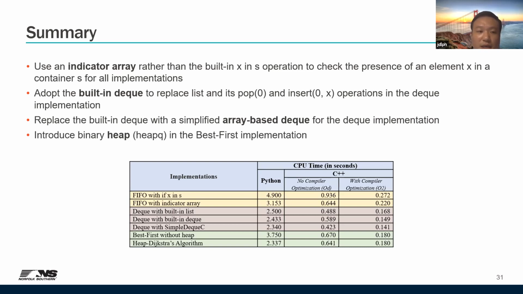We replace the built-in DAC with a simplified array-based DAC for the DQ implementation to avoid any extra cost on memory allocations. And we introduced the binary heap, the heap queue from the standard library, for the best-first implementation or Dijkstra. And here is the list of all the numerical tests and the running times.